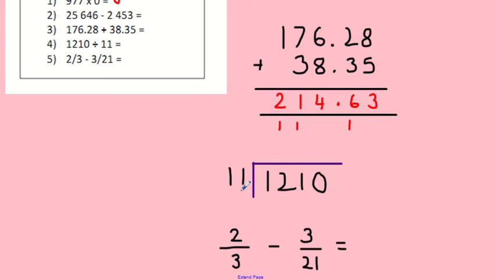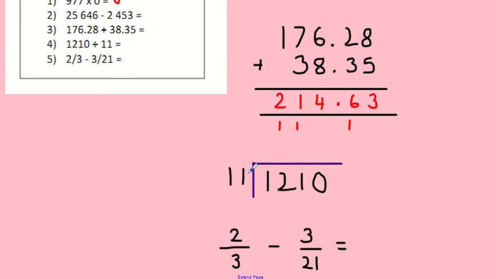I've set up the bus stop method here. Now I've only done this in purple, Year 6, to make it easier for you to see on the video. You don't need to use a different colour at home, your pencil will be fine. So we are working out 1210 divided by 11. And I can use short division to help me with this.